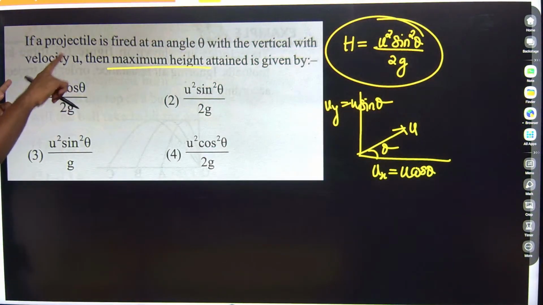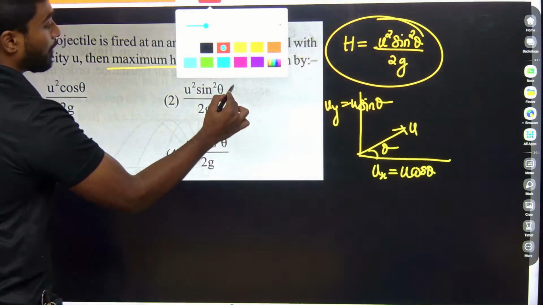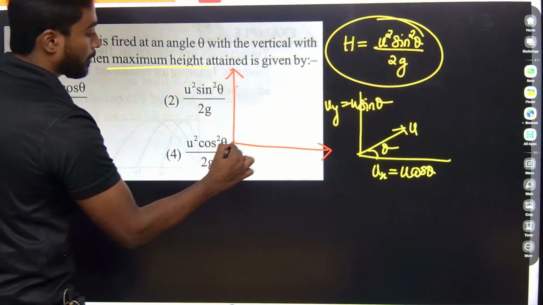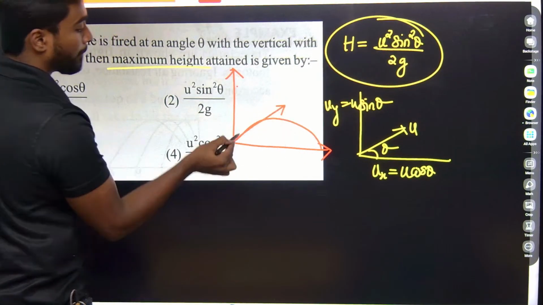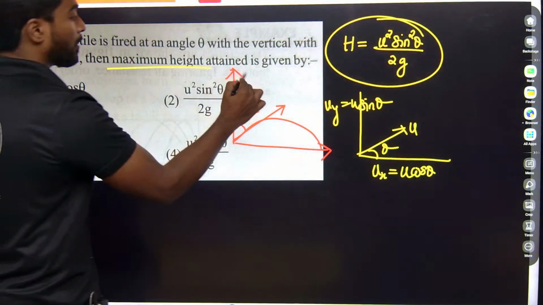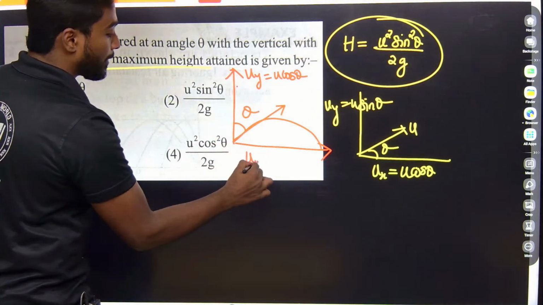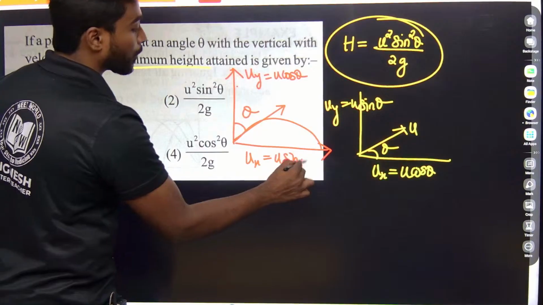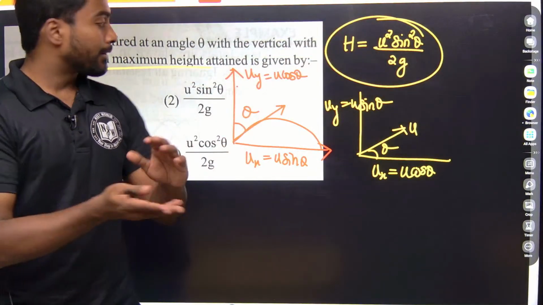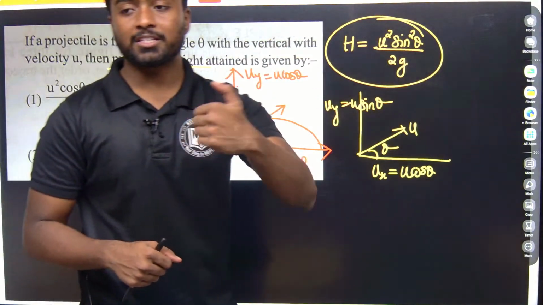Now what they have asked is, when I take a projectile, its velocity has made an angle with respect to vertical. Now uy will be equal to u cos theta and ux will be equal to u sin theta. So whatever we have derived in the previous classes, I should exchange it. Sin theta will be changed to cos theta, and cos theta will be changed to sin theta.